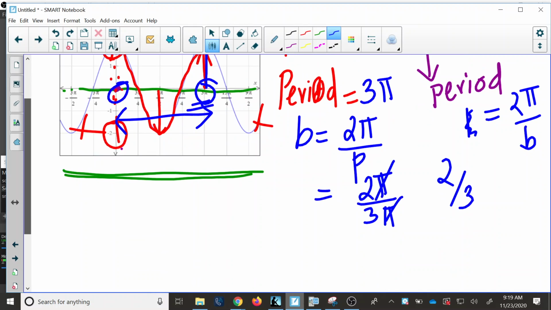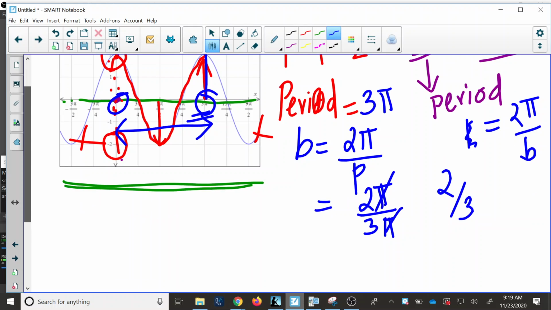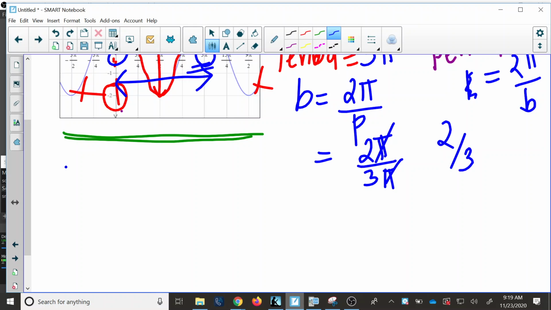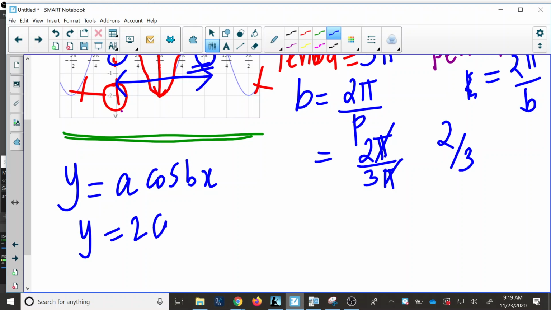Now I know A is 2 and B is 2/3, and the function is cosine. So I can write the function y equals A cos bx as y equals 2 cos 2/3 of x.